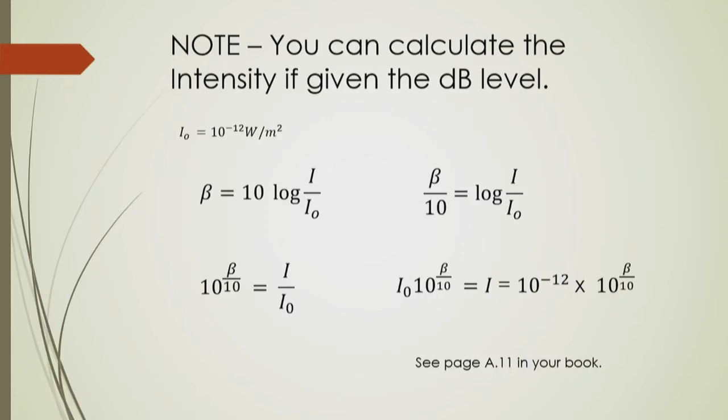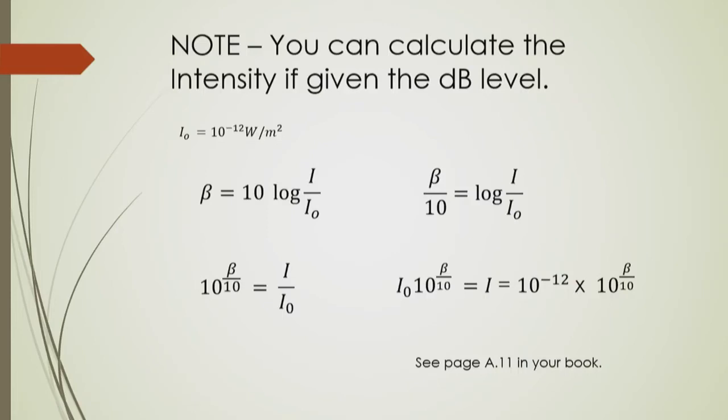And you'll need to remember, next Wednesday, you will be able to have a cheat sheet on your test. One of the things you probably want to write on the cheat sheet is that the threshold of hearing is 10 times 10 to the minus 12 watts per meter squared.